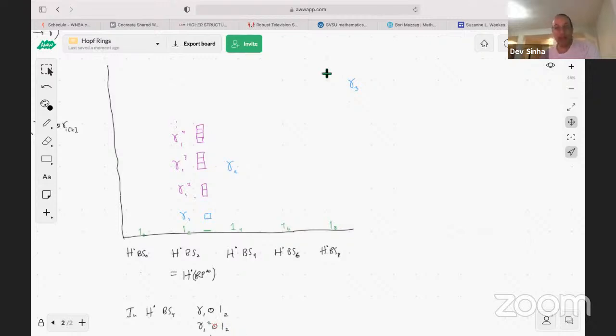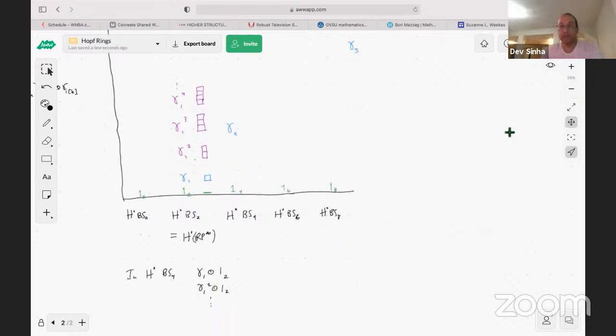You also have gamma 1 to the i transfer gamma 1 to the j. And what is that going to look like?